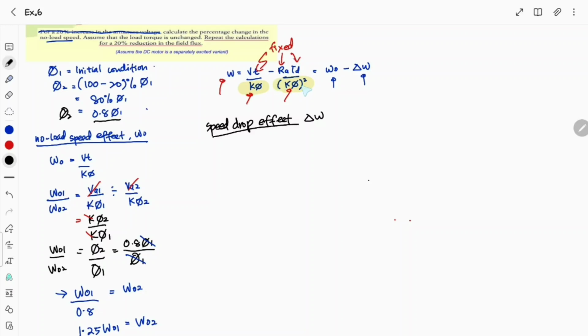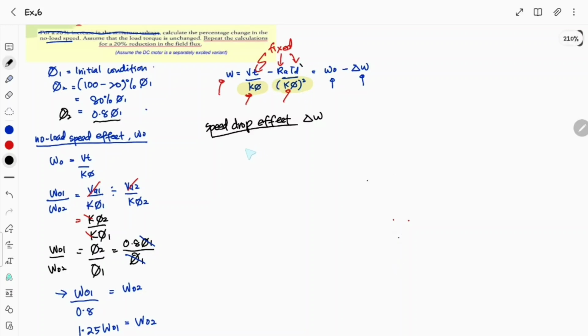The speed drop effect involves the second term of the equation. Delta omega equals RA TD over kV square. Okay, for this one, we have the initial condition.